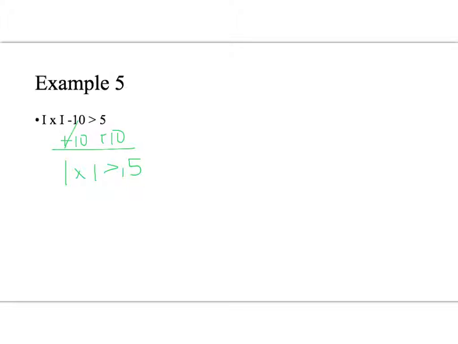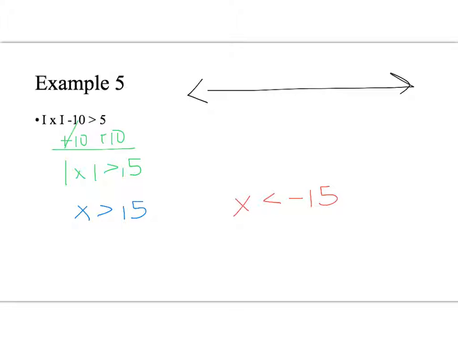So I would have x is greater than 15 and x is less than negative 15. So you've got to isolate the absolute value first and then break it apart into two inequalities, just like we did last week. Okay, this is all the solving there is to do, so I can go ahead and graph it on the number line.